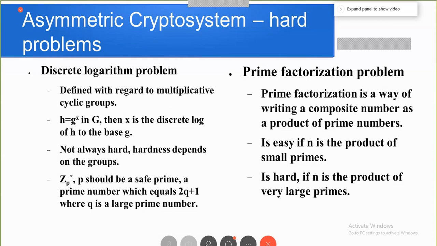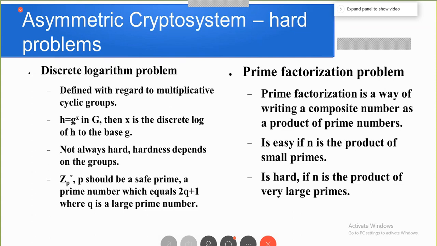Let capital G be a cyclic group, and small g is the generator in this group. So every element h in the group G can be written as h is equal to g raised to x. Then x is the discrete log of h to the base g.